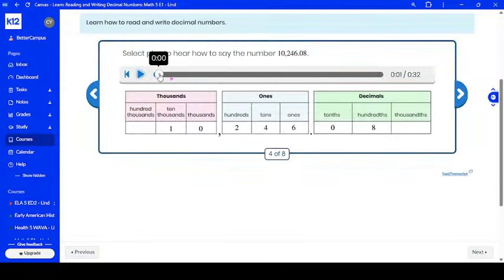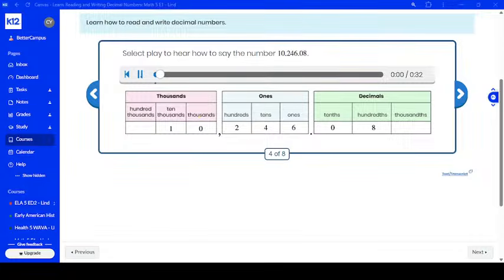10,246 and 8 hundredths. Did you hear the difference between the words hundred and hundredths?